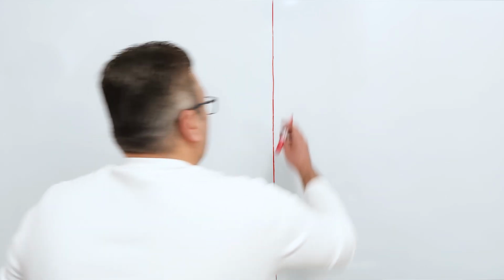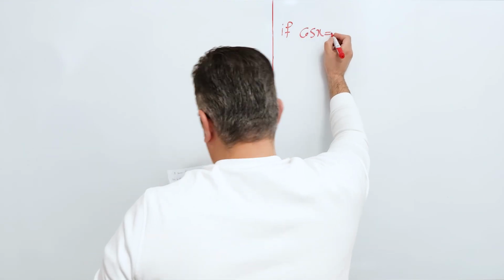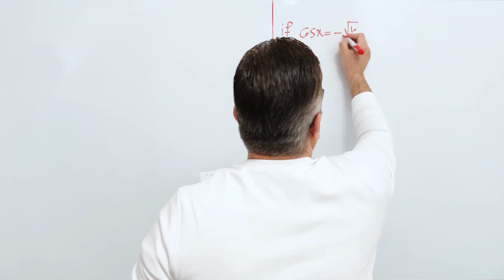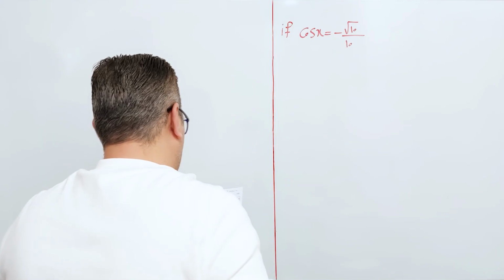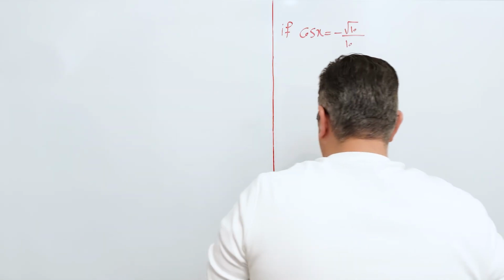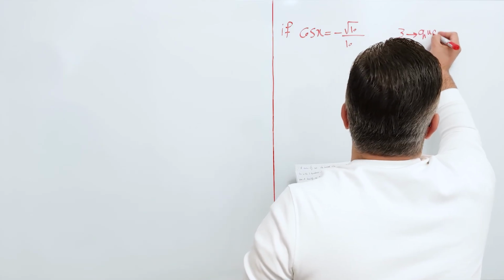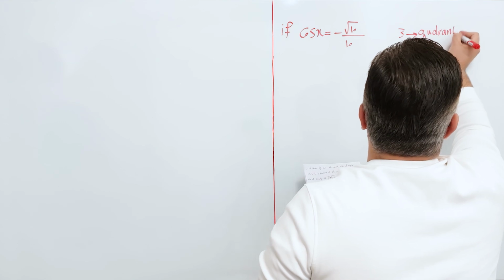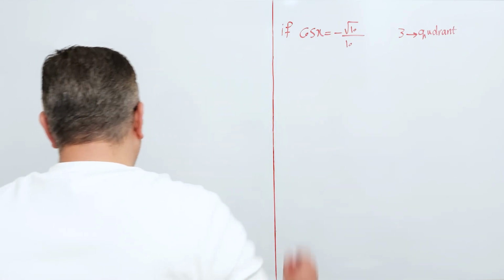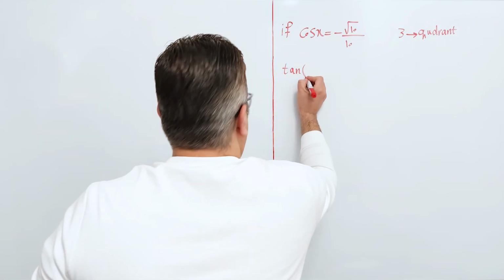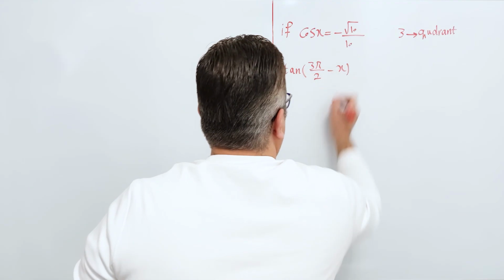For example, if cosine x is equal to minus the square root of 10 over 10 and the terminal side of angle x lies in the third quadrant of the unit circle, what is the value of tangent of 3 pi over 2 minus x?